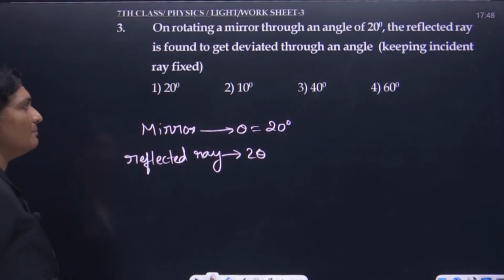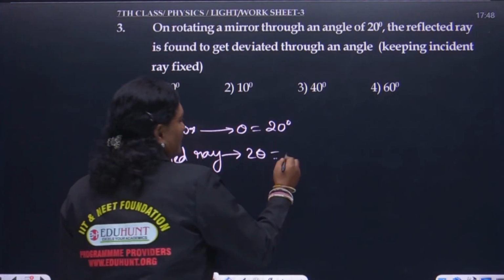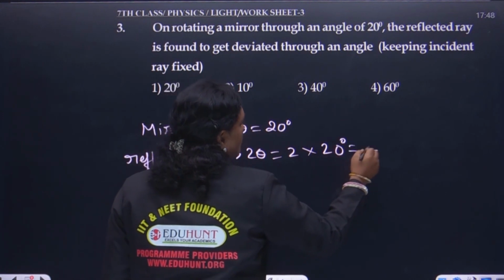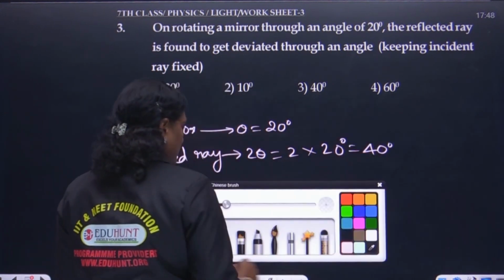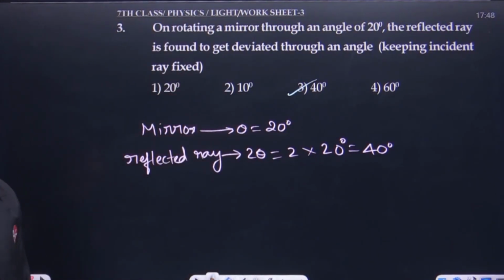Deviation or rotation, both mean the same, keeping the incident ray fixed. Then the reflected ray turns by 2 times 20 degrees and it is found to be 40 degrees. Hence the correct option is option 3, that is 40 degrees. Got it, children? Well, now let us move to the next question, that is question number 4.